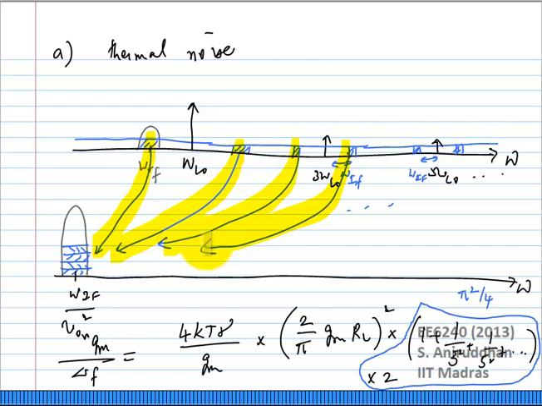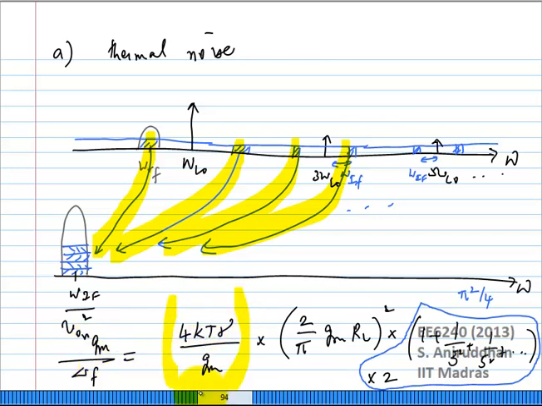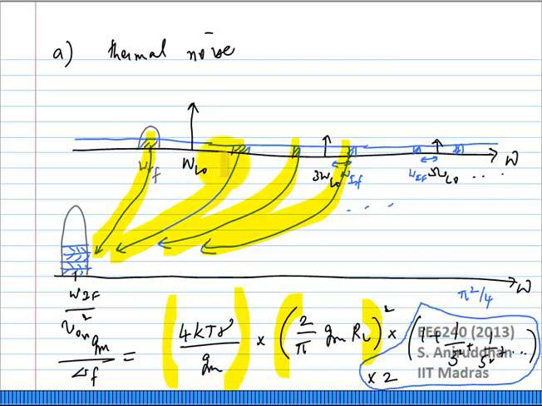If you look at the overall noise at the output, it can be written as 4 kT gamma by Gm times the gain of the mixer squared, which is (2 by pi Gm RL) squared. This is for a single balanced mixer, times the noise coming from each of these, which is 1 plus 1/3 squared plus 1/5 squared plus so on, times 2, because you have both upper and lower sidebands.